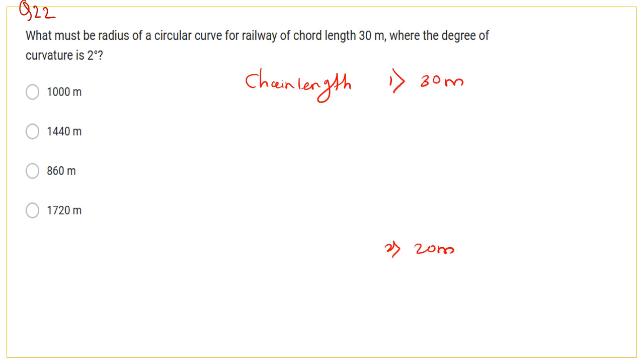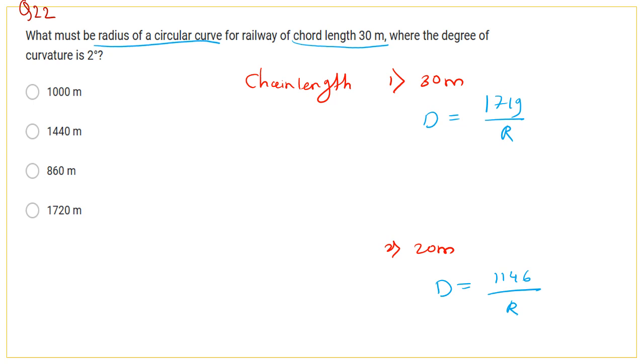If chain length is 30 meter, the formula for the degree of curvature is D equals 1719 by R, and if chain length is 20 meter, then the degree of curvature is 1146 by R. Here the chord length is 30 meter, so this formula is used to calculate the radius of the circular curve.